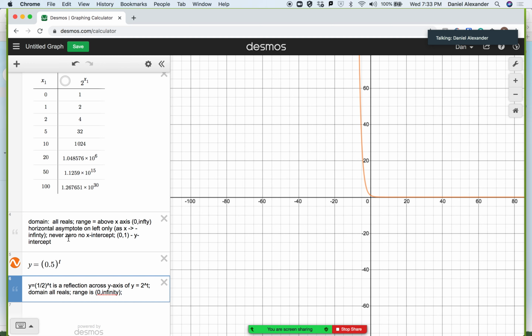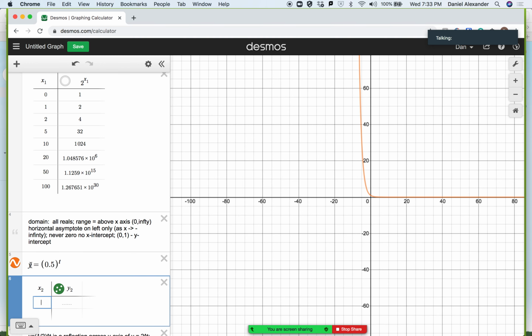Same intercept. If I plug in 0, here I'll show you. Let's add a table. So I'm going to put a 0 here for x.